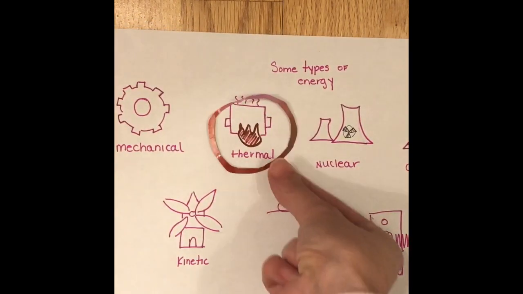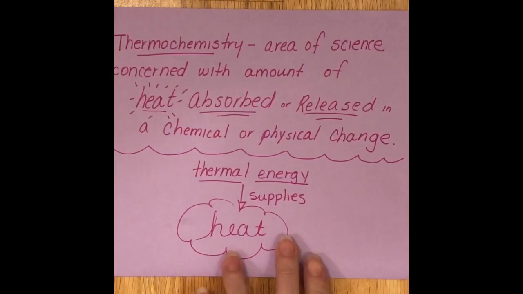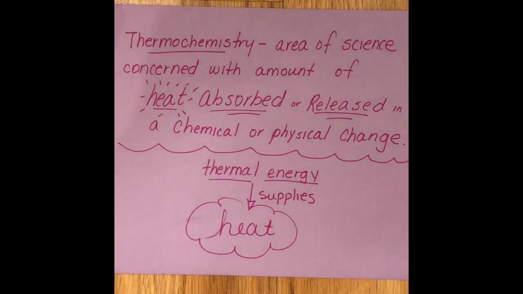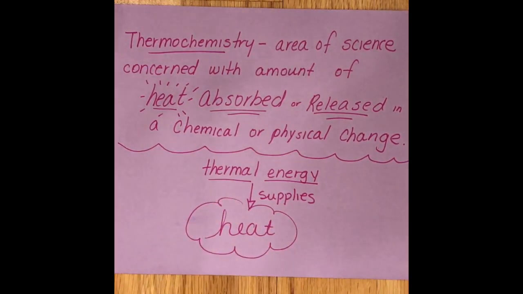There are more, but again, we're going to be focusing on thermochemistry. So thermochemistry sounds like the word thermos, thermals, all things that are good at containing heat. So this is all about heat for our sake. So when you hear me say thermal or heat, we can use them somewhat interchangeably.